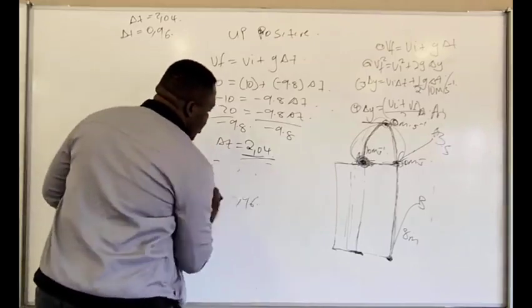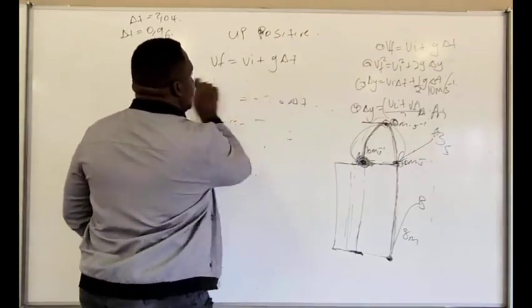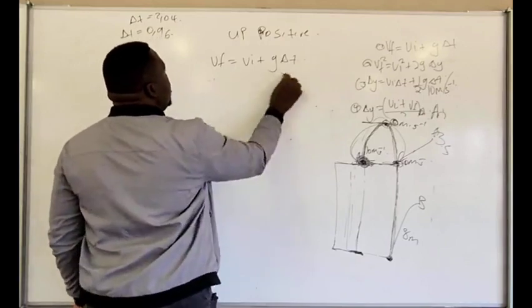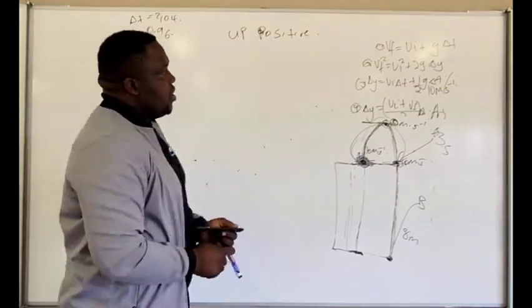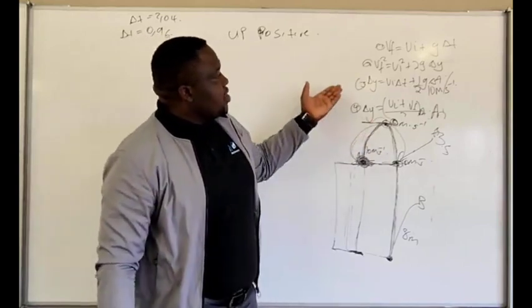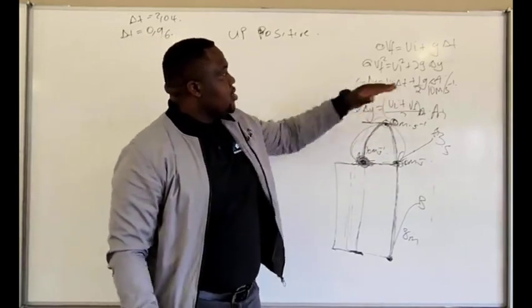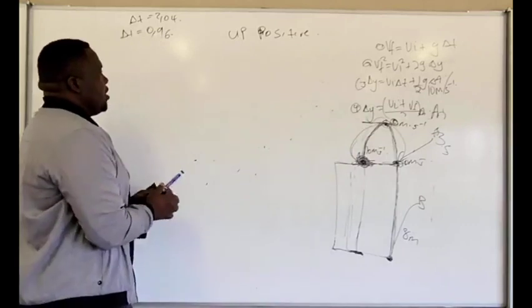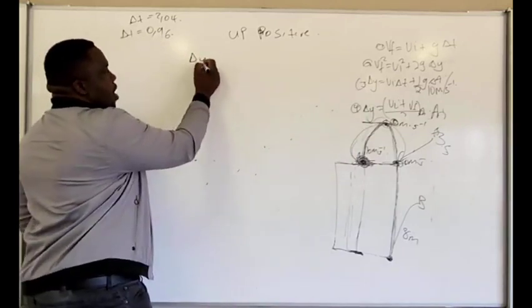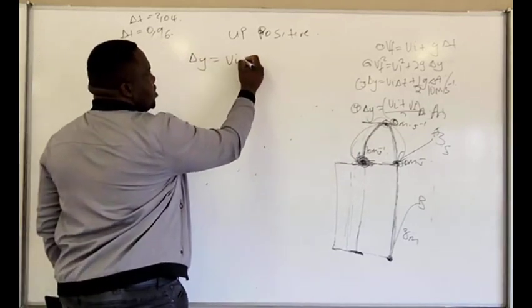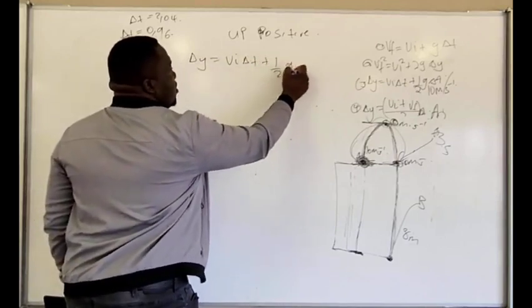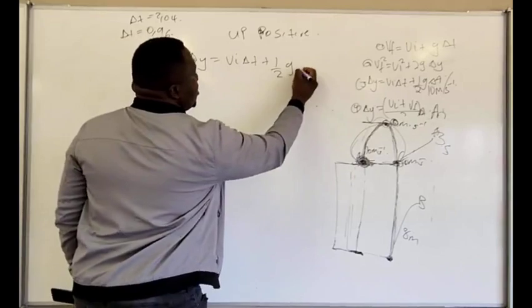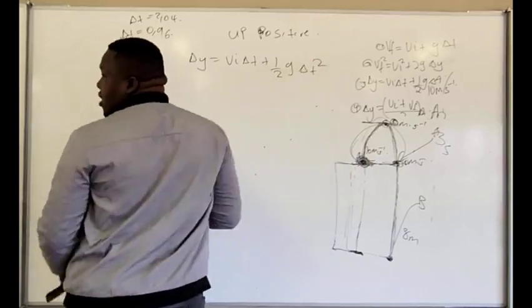Then if we want to calculate the distance of the building, I will still use up as positive. Which formula has time, initial velocity, and displacement? This one. Meaning that I can say that delta y is equal to initial velocity multiplied by changing time plus half gravitational acceleration change in time squared.